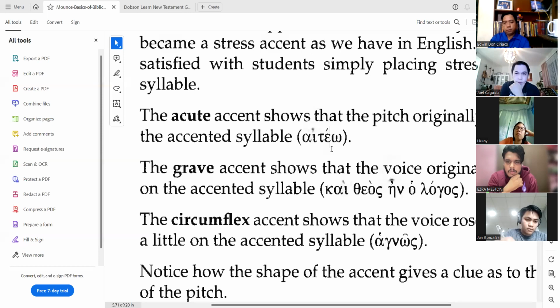Okay. And then the grave accent, which goes down. So it is the difference between the acute one, that the voice originally drops. And here there are two grave accents and one acute accent. So it goes down. So we read it as kai, kai.